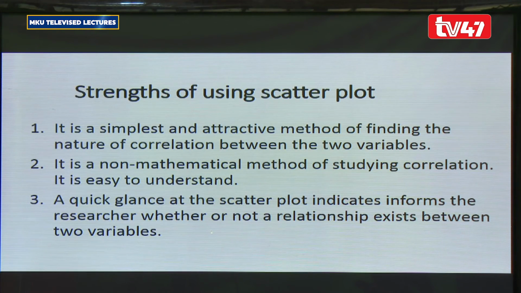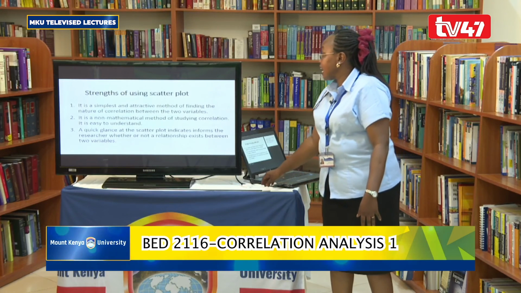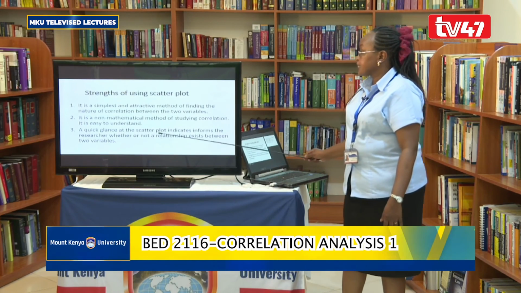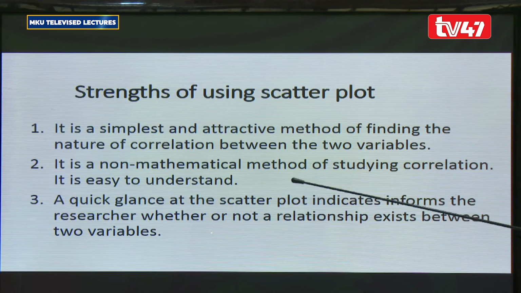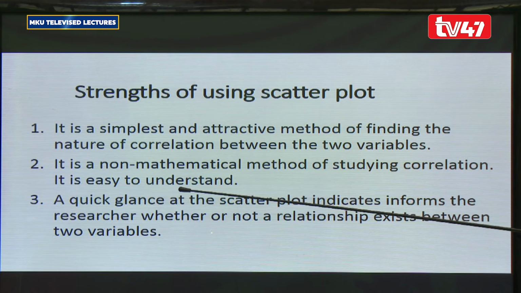Next, it is a non-mathematical way. You know, social scientists, sometimes we don't like maths, or we might find mathematics a bit hard, or we want to avoid it. But the good thing is that it is a non-mathematical method to study a correlation. And as I have explained, I'm very sure you find it easy to understand.